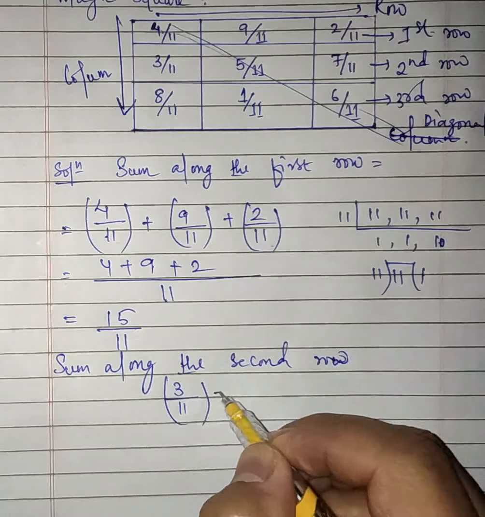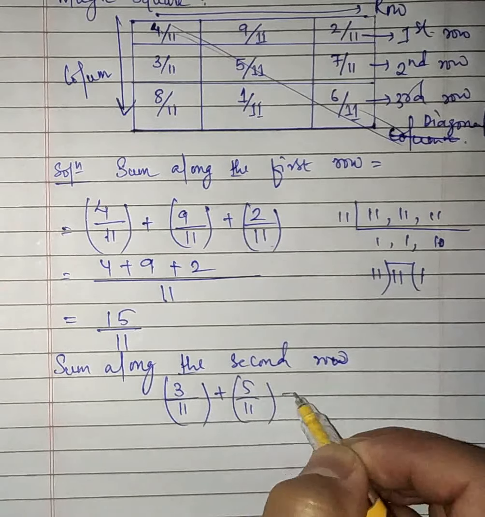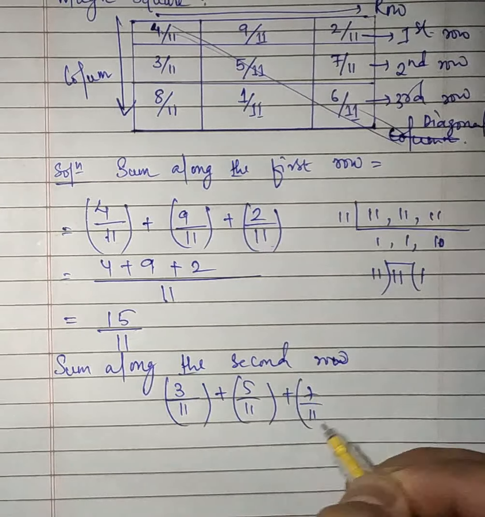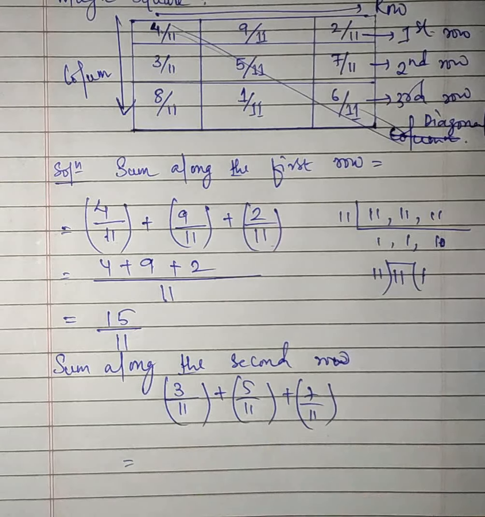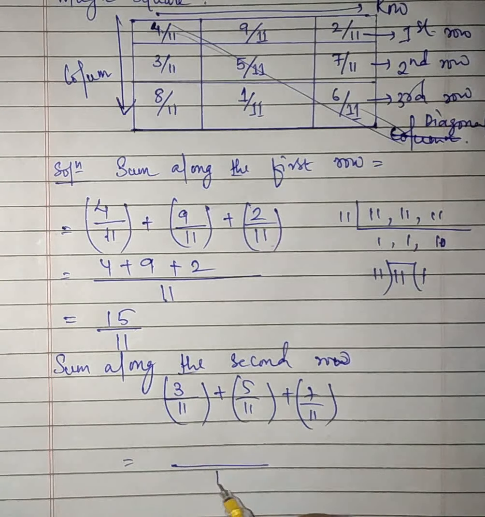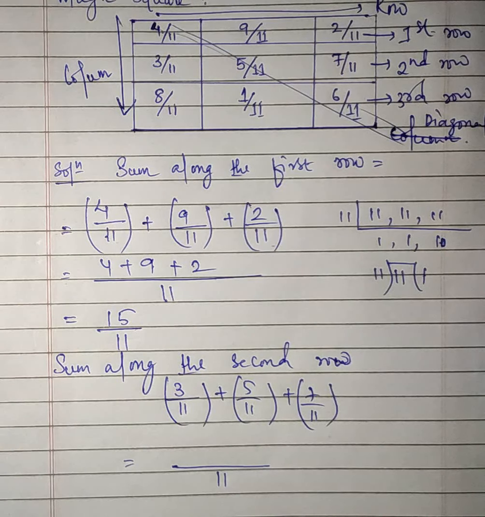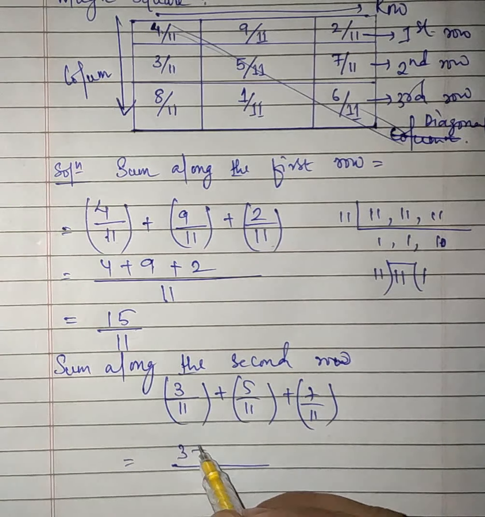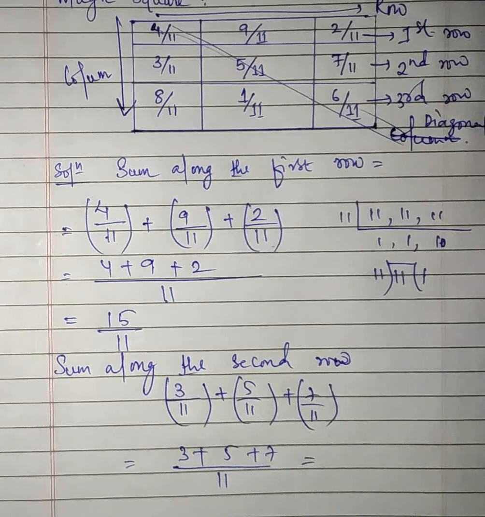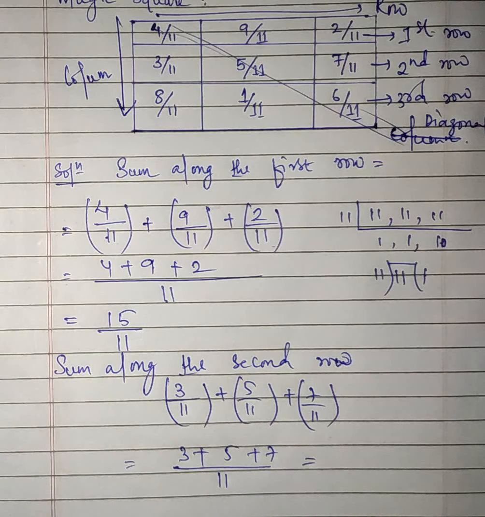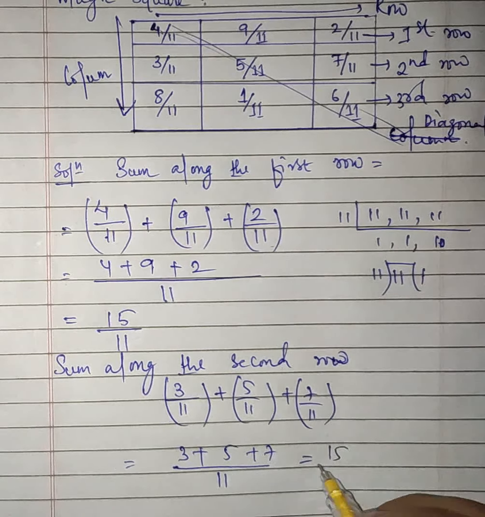Now 5 by 11 plus 7 by 11. Even here the denominators are the same, so the LCM is 11. When you divide it, 1 is the quotient, and 1 into 3 is 3, plus 5, plus 7. So 5 plus 3 is 8, 8 plus 7 is 15, again by 11.